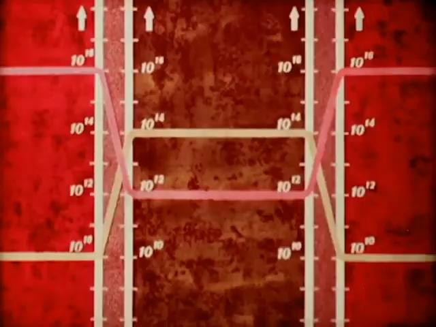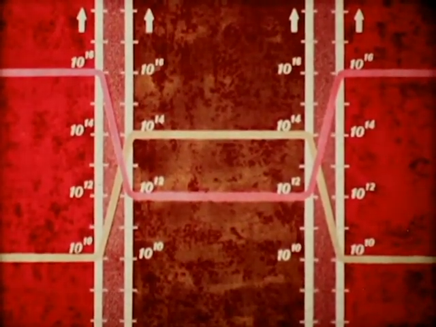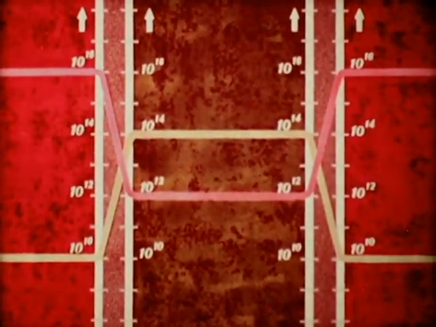In this case, the majority and minority concentrations, shown on a logarithmic scale, are at their respective equilibrium levels. Thus, no current flows through the transistor.